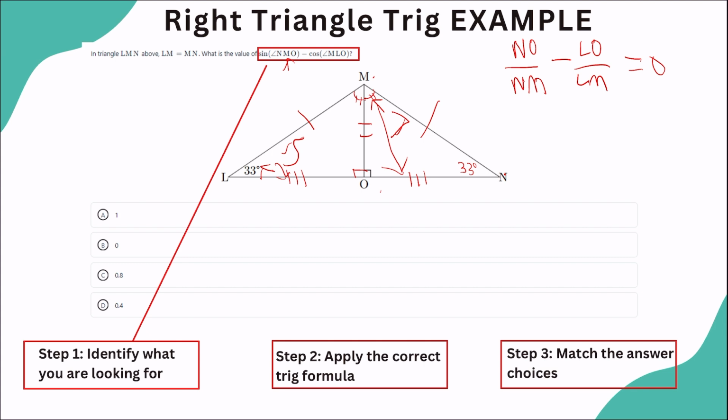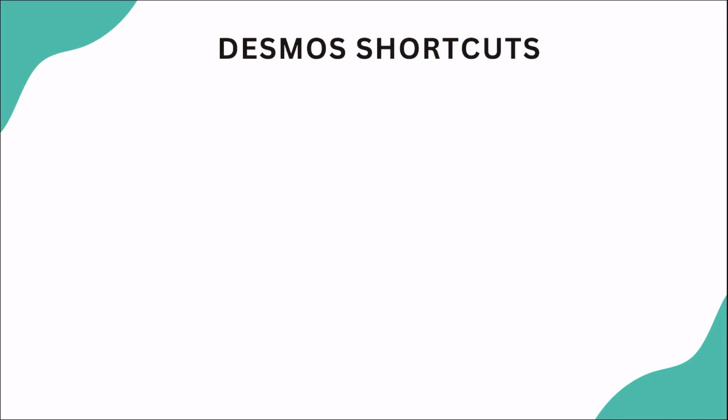So to reiterate, in this one, we actually didn't even need to know any of our side lengths because we know the sides are the same length and we're taking proportion of the two same sides for both the NO over NM and LO over LM. And so if we're taking the same proportions of the same sides, they're going to equal 1 each, and 1 minus 1 is just going to leave us with 0, which is why B is correct. So good luck on these.